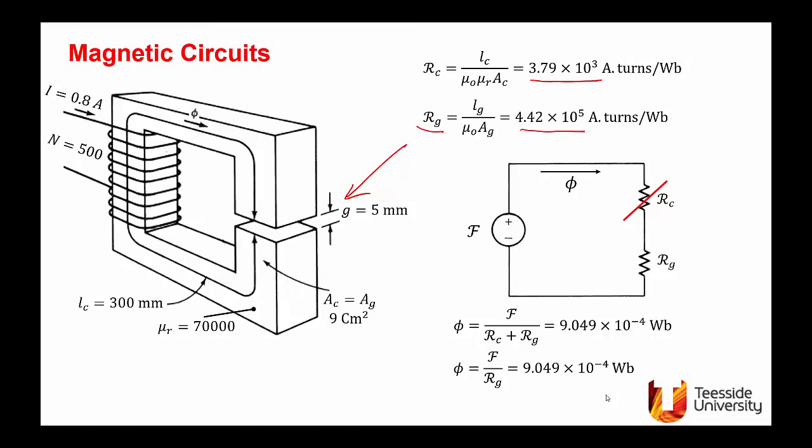if the iron is not saturated, because the iron core has very high permeability, the reluctance of the iron will be very small. And in most of our calculations in electric machines, we can, in the first instance, ignore the reluctance of the iron.